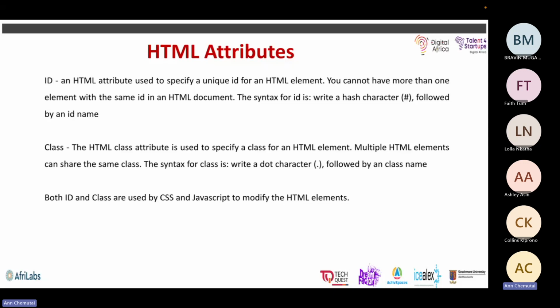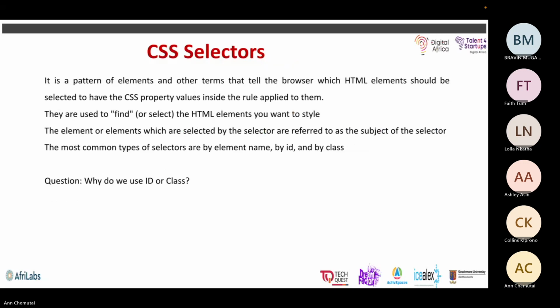Or right now we have given all the paragraph elements a new color, some grayish purple color. So if you want to uniquely change each one of them, you can use either an ID or a class to achieve that. So that's the first scenario.